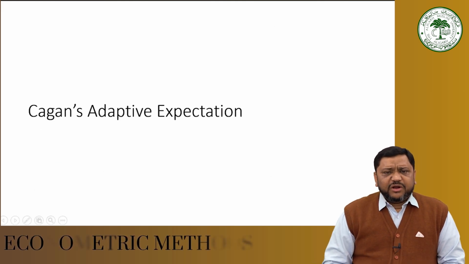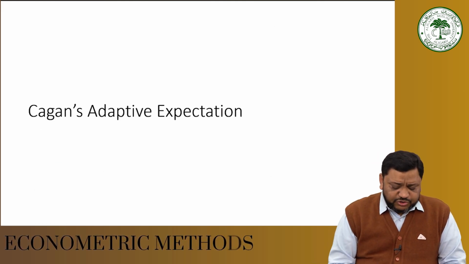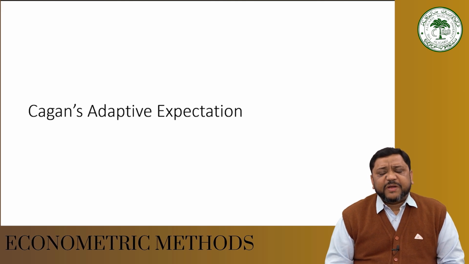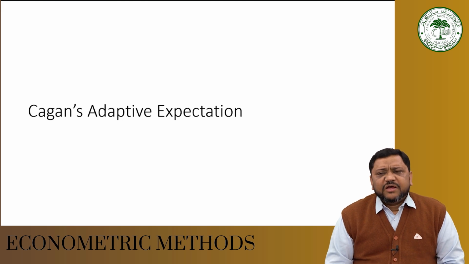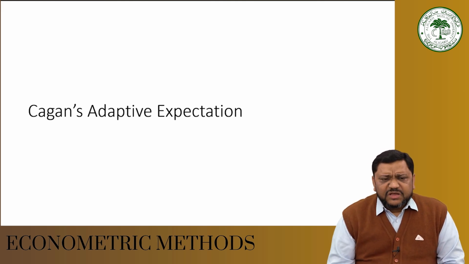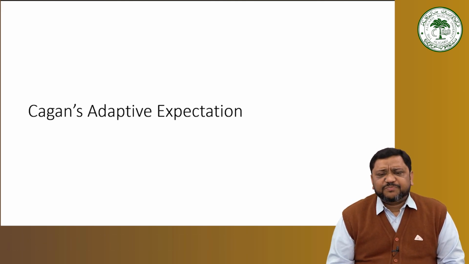A similar model, we move on to Cagan's adaptive expectation model. This is also in the same league of lag models. The Koyck model which we had seen previously was ad hoc, since it was obtained by a purely algebraic process.